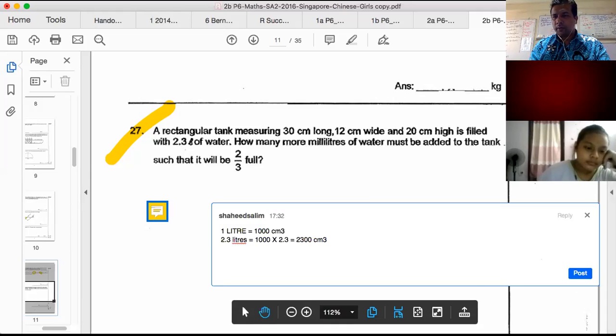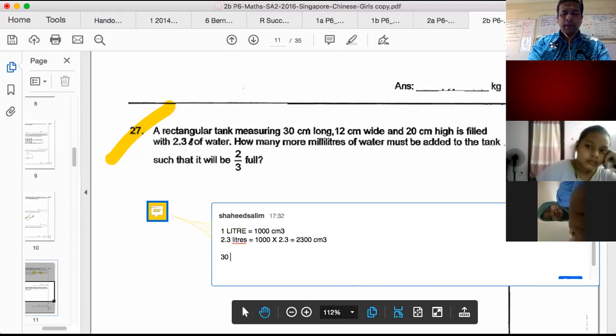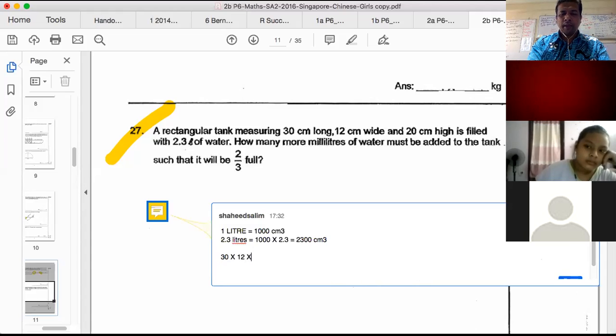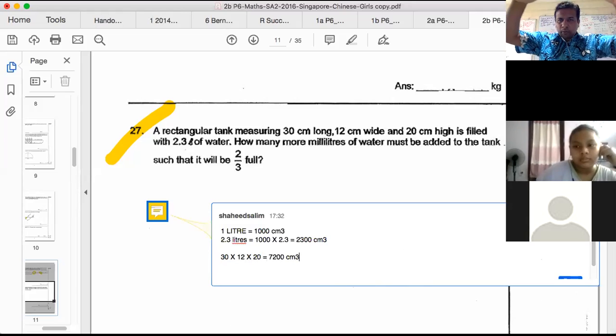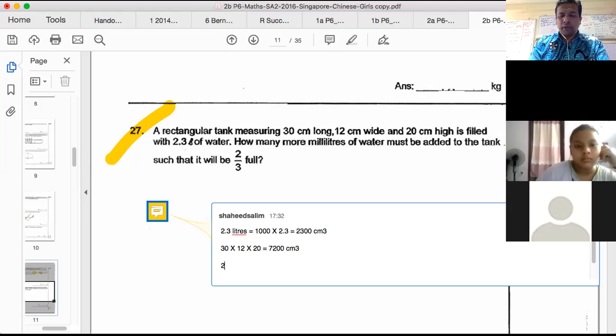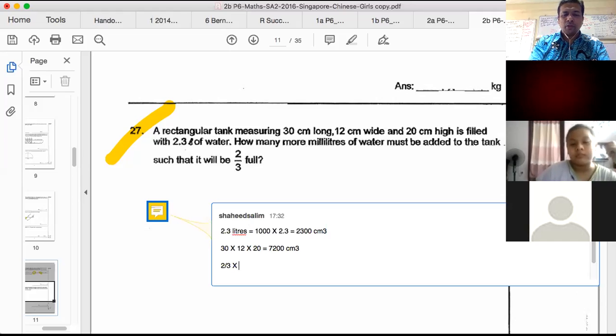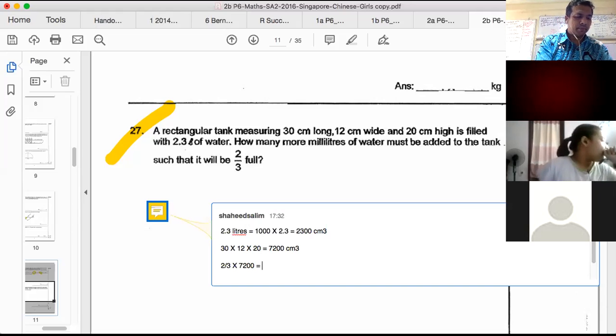So that is for the whole tank: 30 times 12 times 20 gives 7,200 cubic cm. This is if the tank is totally full, but they want only 2/3 full. So you take 2/3 times 7,200, and you will get 4,800.